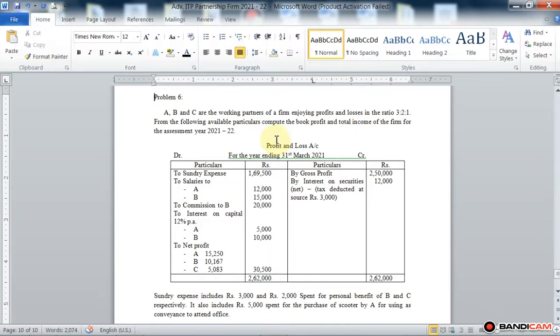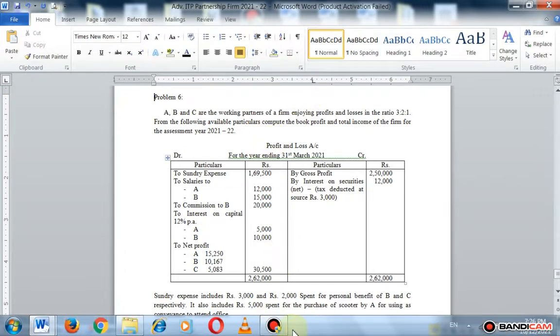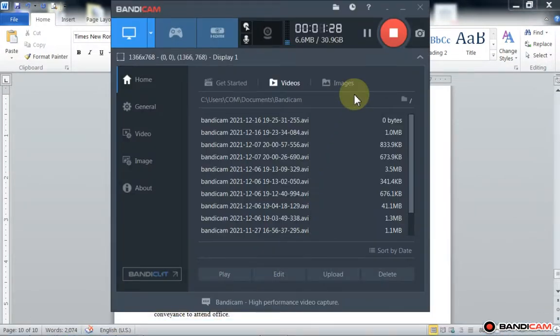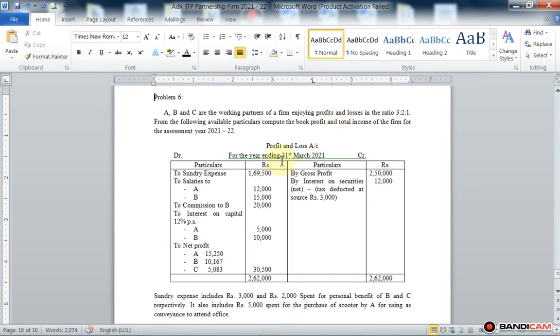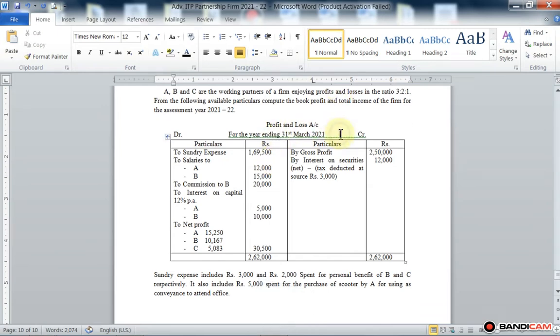Here the profit and loss account of the partnership firm is given, for the year ended 31st March 2021. First of all, read the debit side. To sundry expenses amounting to rupees 1,69,500.